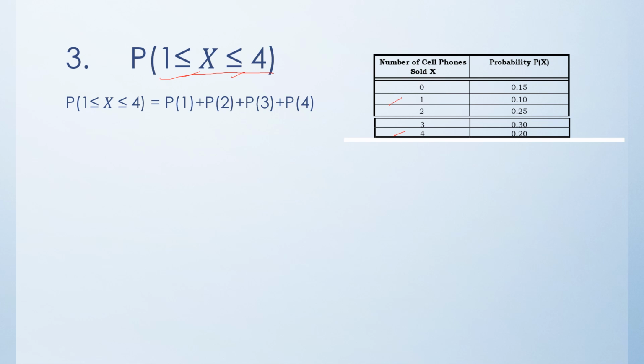Probability of 1 is 0.10. The probability of 2 is 0.25. The probability of 3 is 0.30. And the probability of 4 is 0.20. So 0.10 plus 0.25 plus 0.30 plus 0.20 is equal to 0.85.